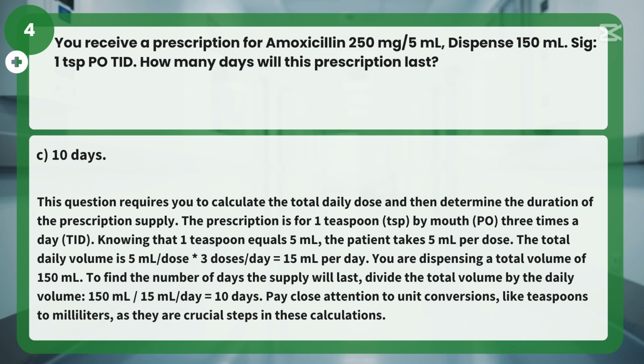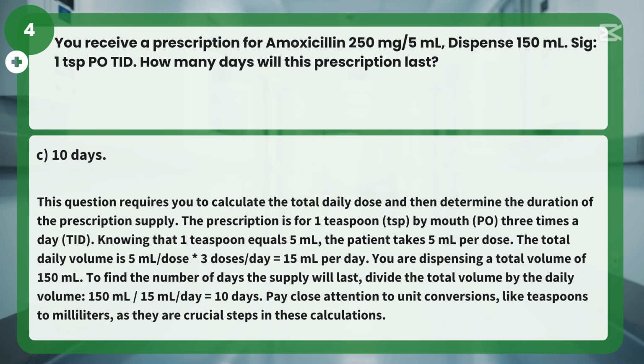Answer: C. 10 days. This question requires you to calculate the total daily dose and then determine the duration of the prescription supply. The prescription is for 1 teaspoon, TSP, by mouth, PO, 3 times a day, TID. Knowing that 1 teaspoon equals 5 milliliters, the patient takes 5 milliliters per dose.